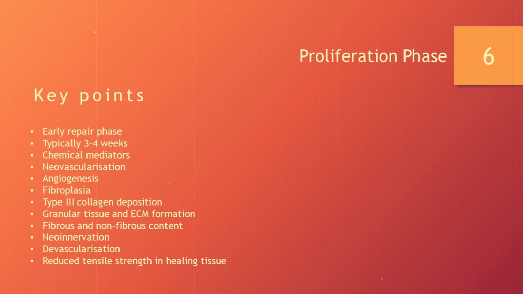As fibroblasts proliferate, granulation tissue and the extracellular matrix begin to form, and provide the foundation of the repair. The tissue is partly fibrous, i.e. collagen, elastin and reticulin, and partly non-fibrous, i.e. fluid and protein, water, mineral salts and glycosaminoglycans or GAGs.